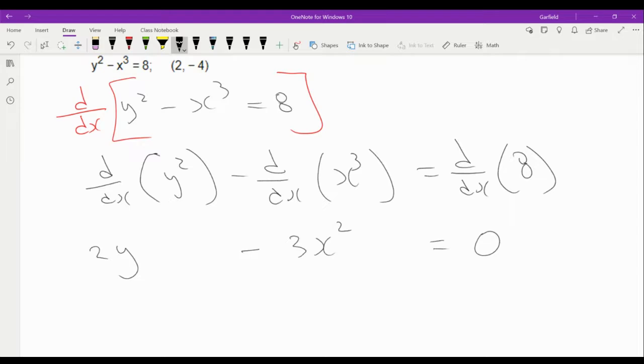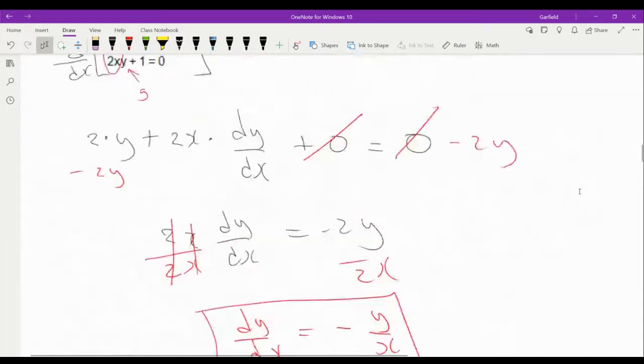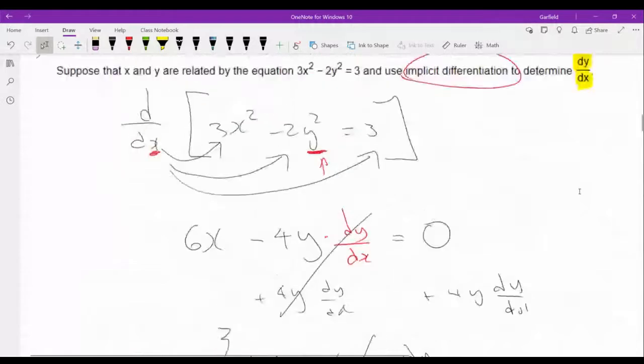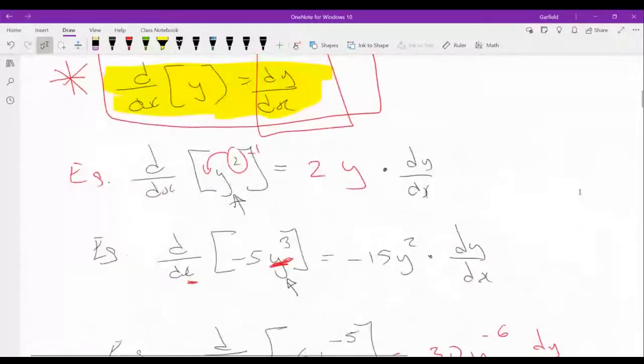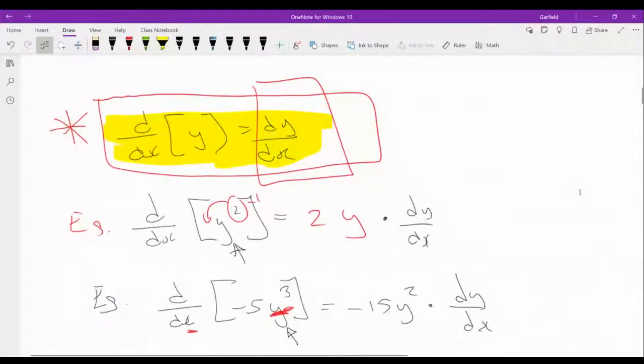Now, if you recall, like last class, we were saying because the variables are different. Notice that these two variables are different. One is x and one is y. We also have to take the derivative of y. Remember, going back up here, what's the derivative of y again? The derivative of y is dy by dx.